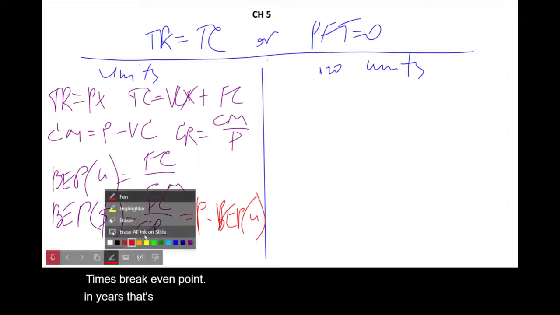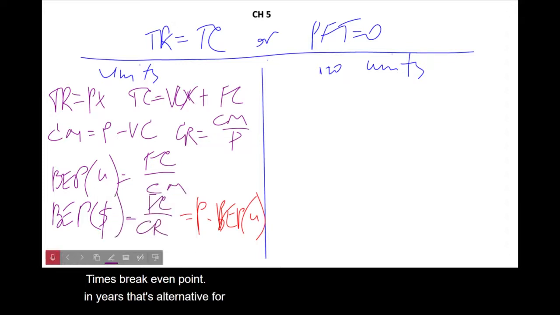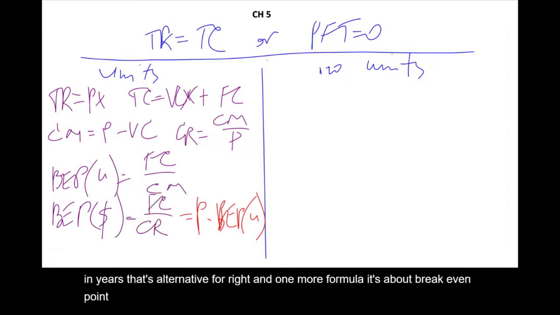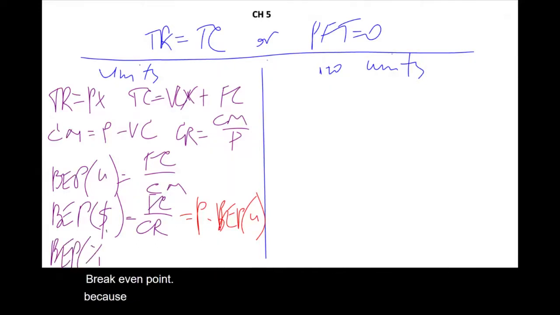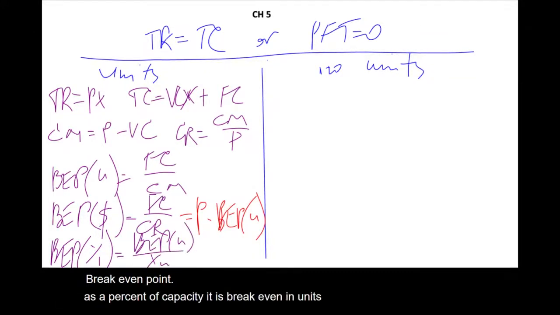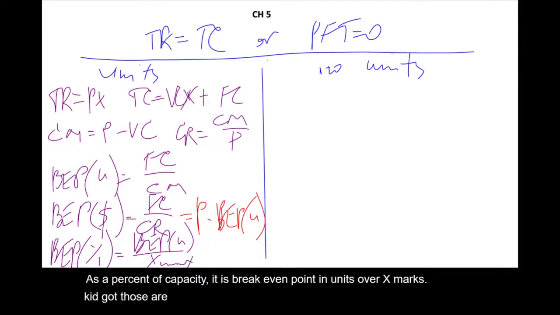And one more formula is break-even point as a percent of capacity. It is break-even point in units over X max. Okay, guys, those are the formulas for the case where we have units.